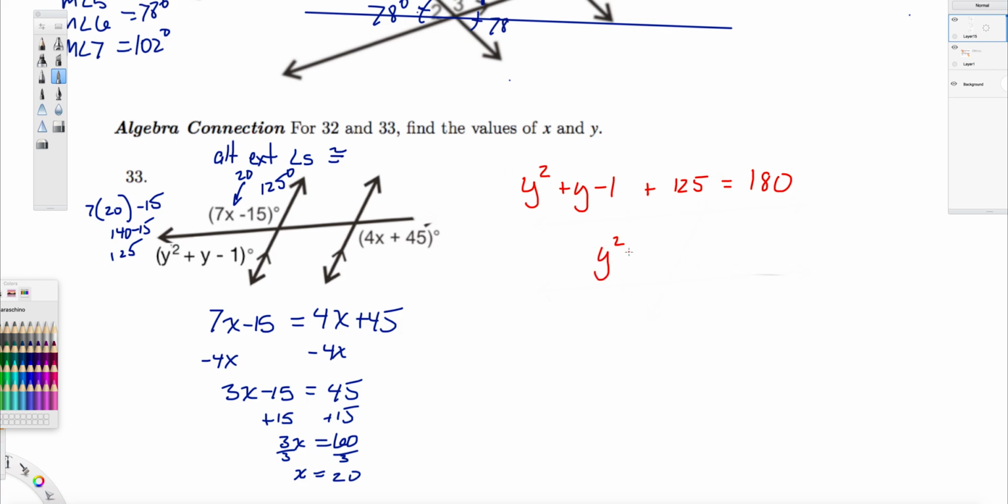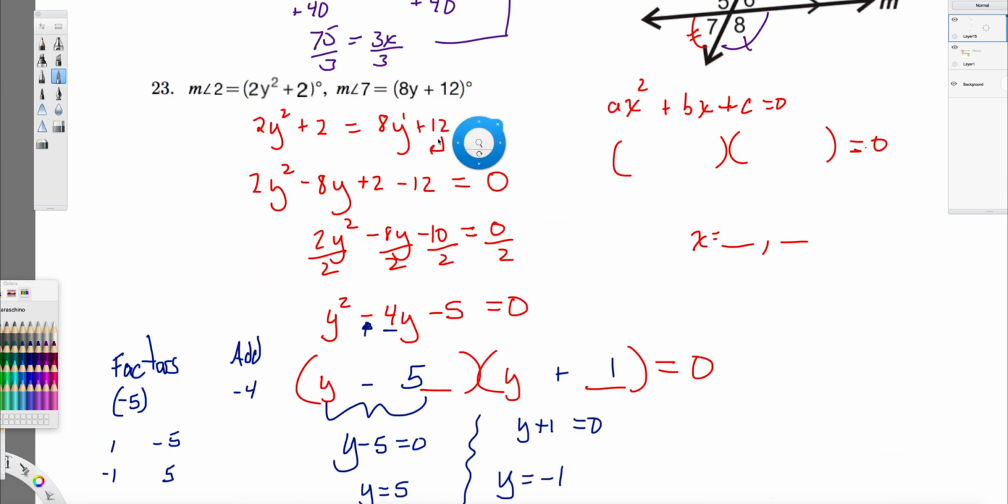So the y squared plus y plus 124 equals 180. And this is a quadratic, so this is not a linear equation. You can't just solve for y here with a linear strategy. So we have to put this in standard form again, like we did, and then we're going to factor.